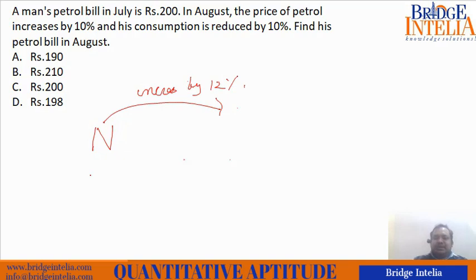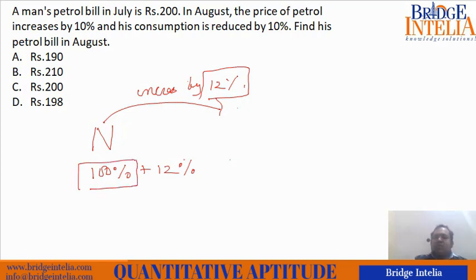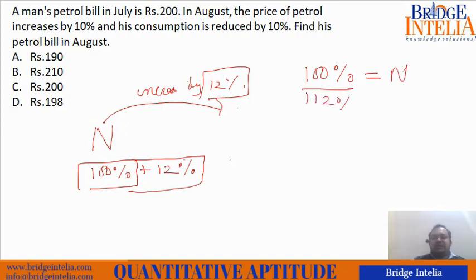It means n, which was already 100%, you want to add 12% extra of it so that it increases by 12%. So what was 100%, you now want to make it 112%. So if 100% meant n, what will 112% mean?